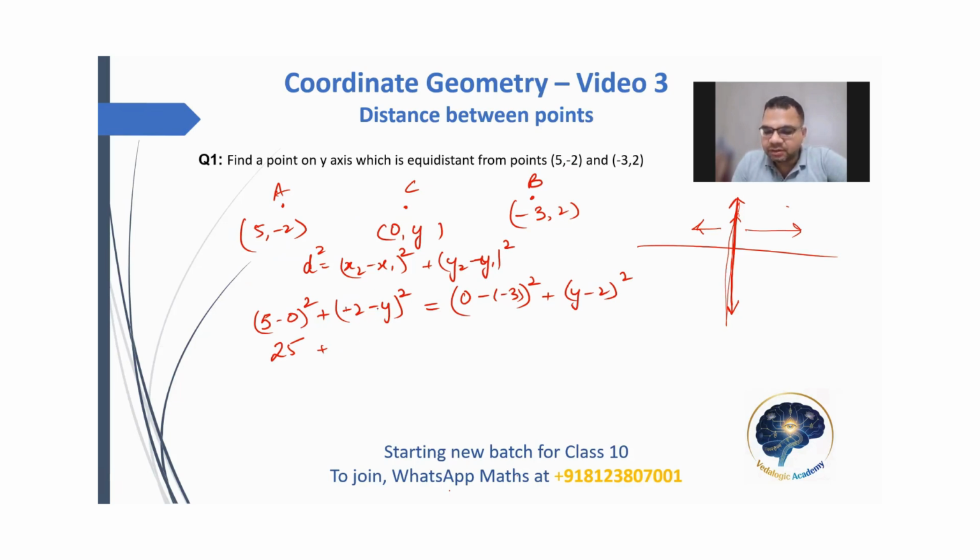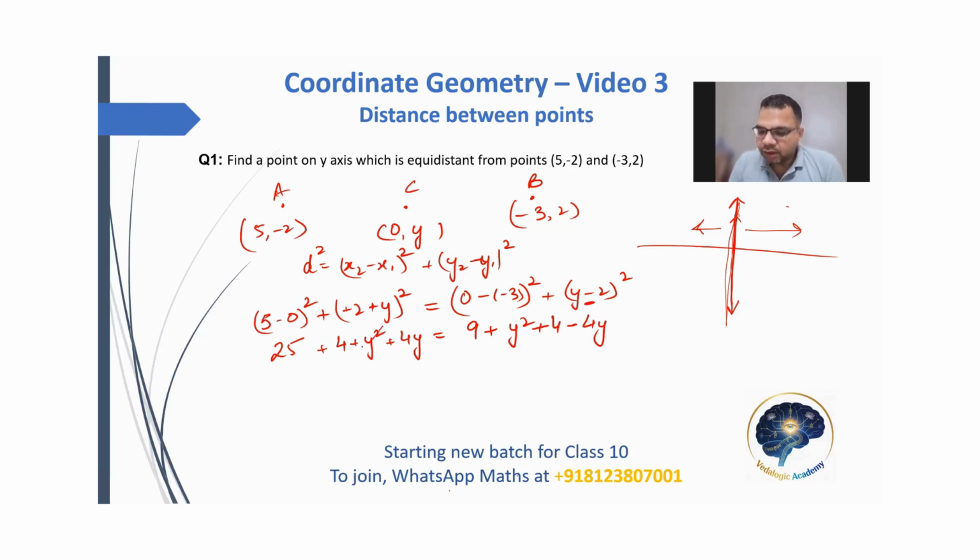I can say plus because this is all minus, right? This will get cancelled when we square it, so I can say 2 plus y whole square. So this becomes 4 plus y square plus 2 into 2 is 4y. Again, it will be 0 plus 3, so 3 square is anyway 9. Here, it will become y square plus 4 minus 2 into 2 is 4 minus 4y. So here it is minus, so we'll have to take minus 4y.